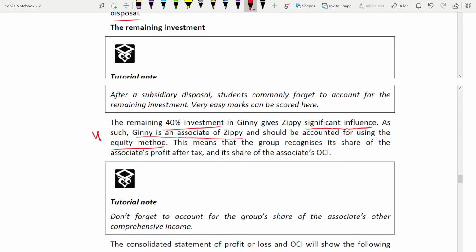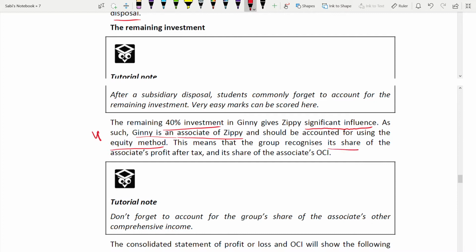This means that the group recognizes its share of the associate's profit after tax and its share of the associate's OCI. What does it mean? Can you understand the sentence? Its share means the group's, whatever the percentage of the group. Let's say group share is 60%. So on that 60% of what? The associate's profit after tax and the associate's OCI. That you have to take.